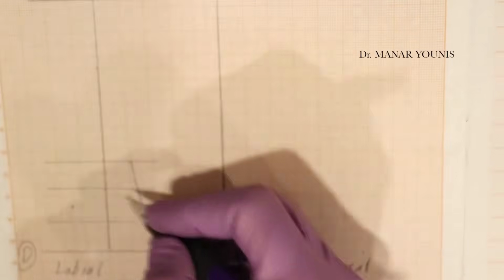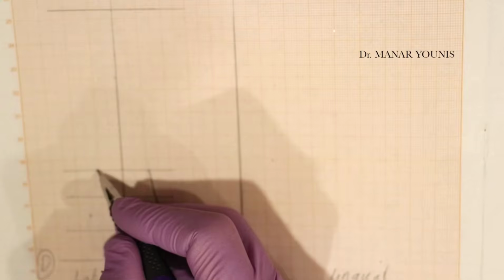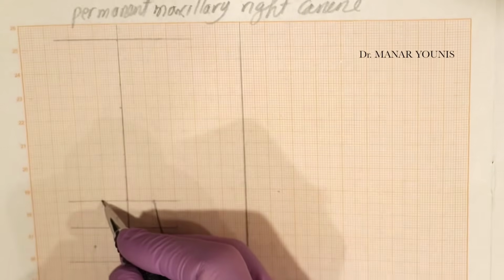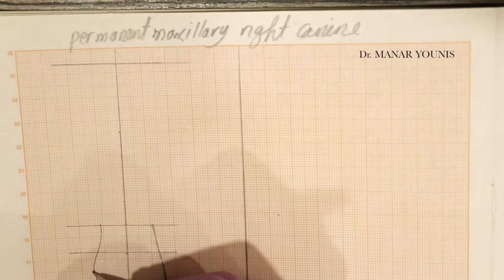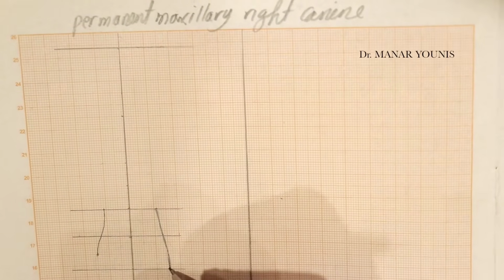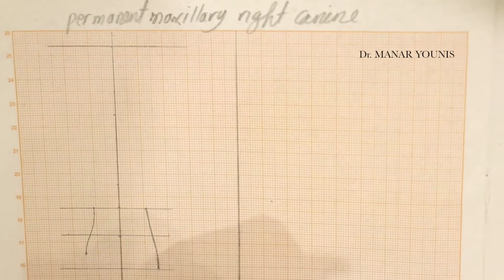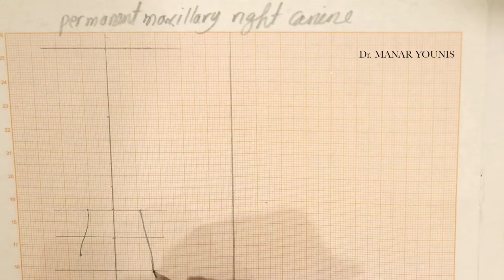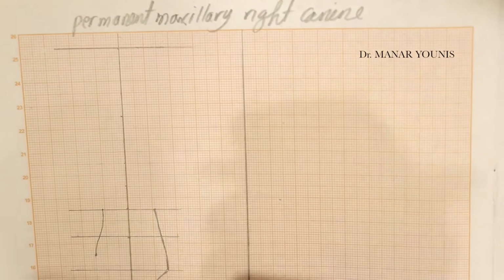So I will start. I drew the mesial outline. This is the distal outline. It's slightly concave from the cervical line to the distal contact point. From the mesial contact point to the cusp tip, which is located in line with the center of the root, the mesial cusp slope is straight.